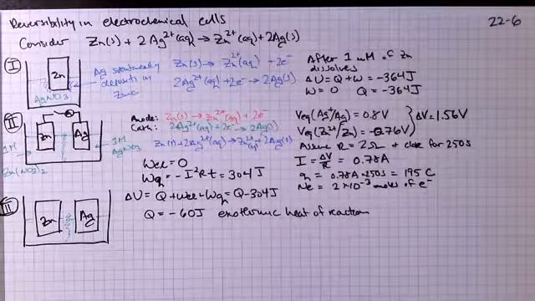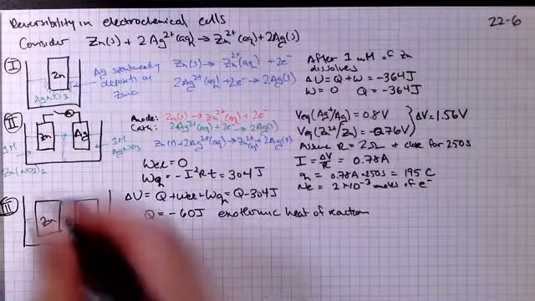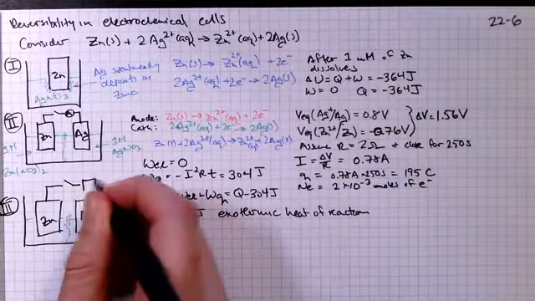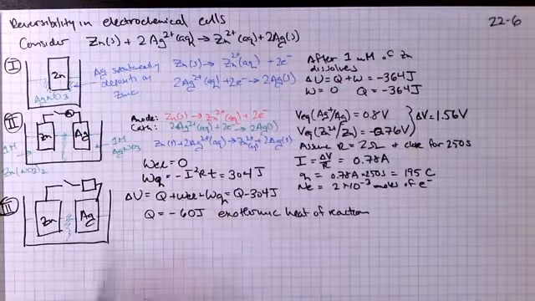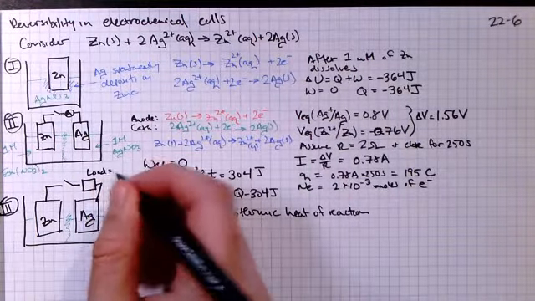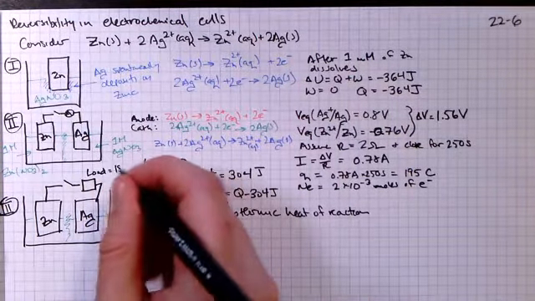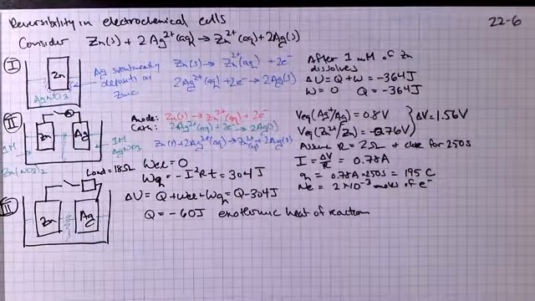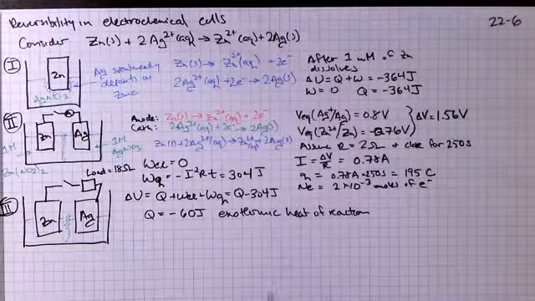But now we're going to hook this up to some kind of load. We're going to actually hook it up to a motor or something. Okay, so this is our load, and we're going to say that's an 18 ohm load, right? So the circuit is 2 ohms and the load is 18 ohms.